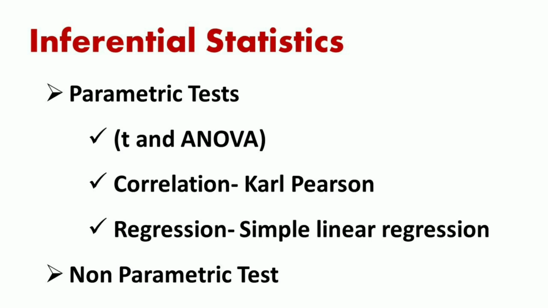Now see the second type, that is inferential statistics. Inferential statistics are used to make predictions or inferences about the large population based on the data collected from the sample population. With a normal distribution of interval data, both parametric and non-parametric tests are possible to apply, and you select the appropriate test for making the statistical inferences.